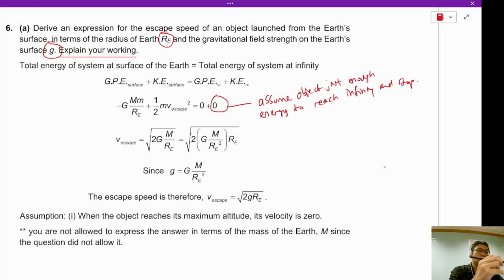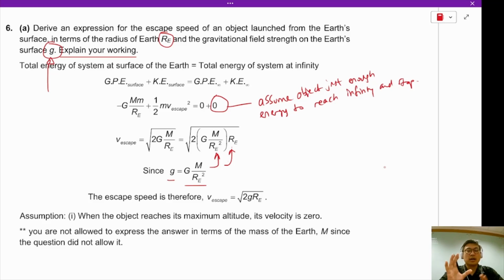However, they want us to give an expression in terms of g. So since the gravitational field strength is GM over Re squared, we can squeeze in the value of g inside this expression by taking the radius of the Earth out again. Because GM over Re squared times Re is the same as GM over Re.